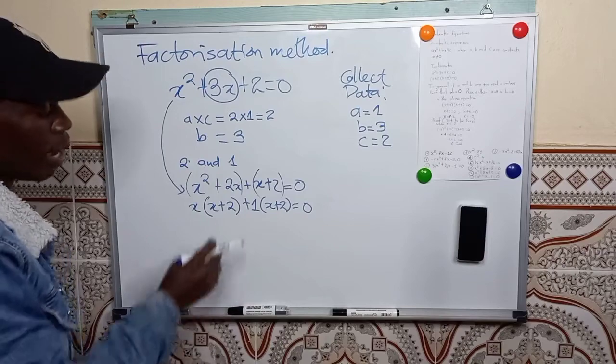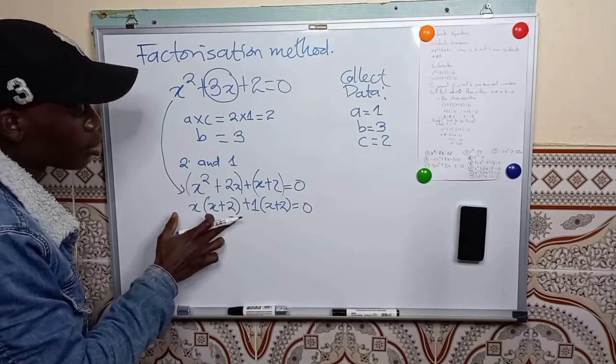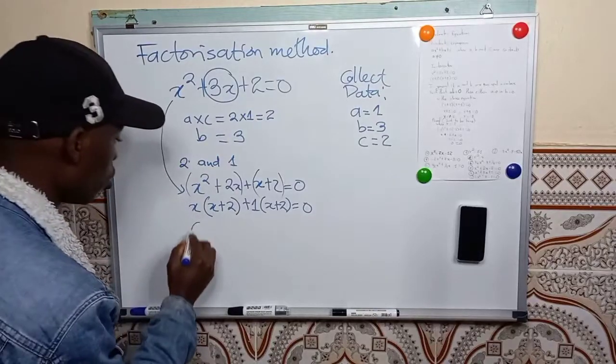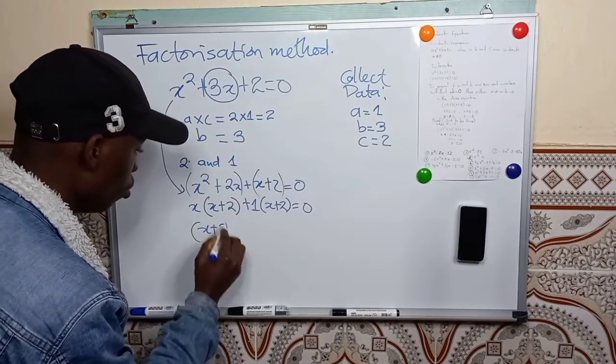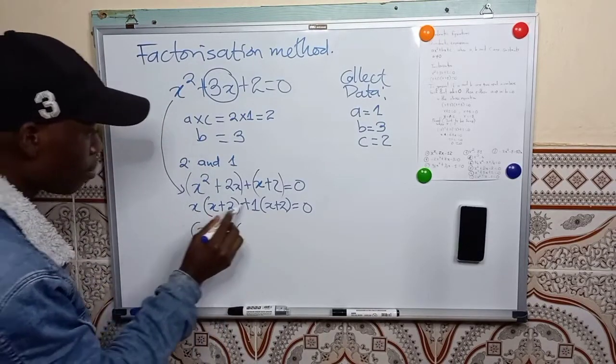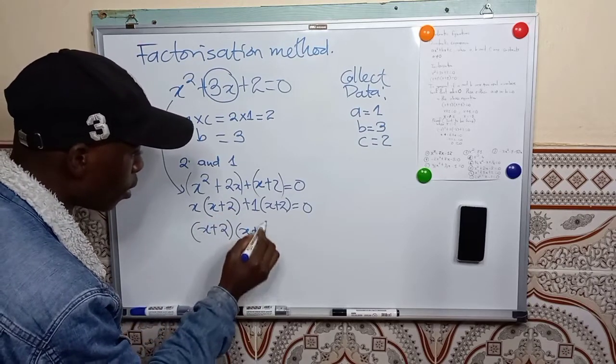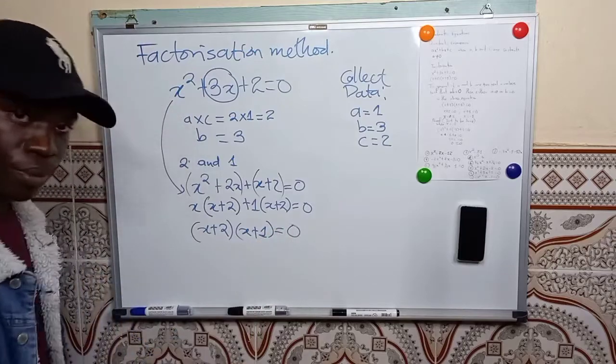Having looked at x plus 2 being common, you get x plus 2, and you get the remainder x plus 1. x plus 1, you equate it to 0.